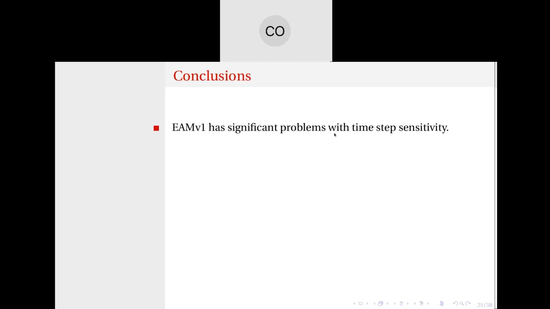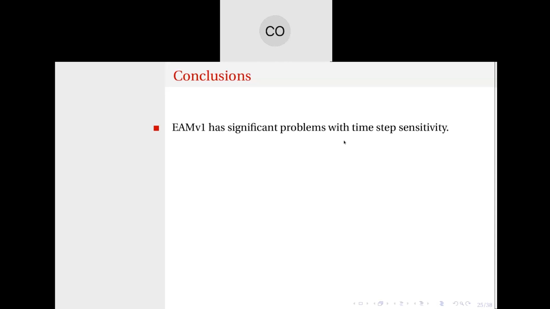And this does affect people who want to do things like run regionally refined models, for instance, where they have to either run the entire model at the same time step, even though the horizontal grid is different, or they have to try to find a way to change the time step for different parts of the globe. And if the physics is very dependent on the time step, this is a big problem.